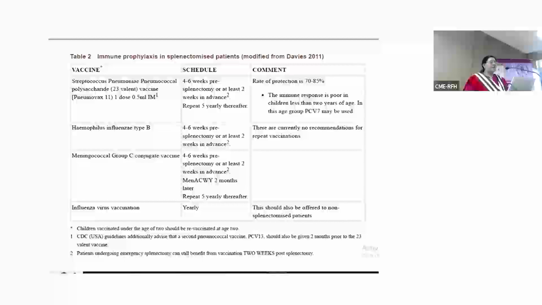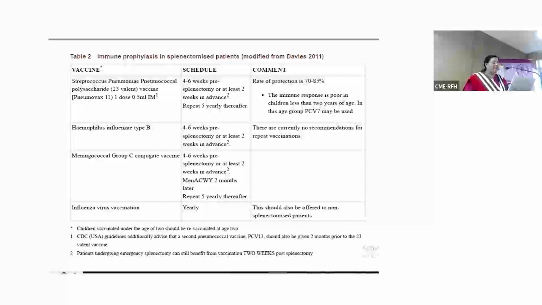He should be immunized at least 2 weeks before, but preferably 4 to 6 weeks before a splenectomy, with pneumococcal vaccine. PCV13 should be given 4 to 6 weeks prior to PCV23, because by giving PCV13 first and then PCV23, the common 10 to 12 antigens take very well. So preferably give PCV13 first, wait for 4 to 6 weeks, then give PCV23, wait for at least 2 to 4 weeks, and then operate, if it is a planned surgery.